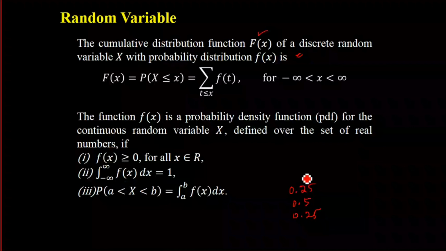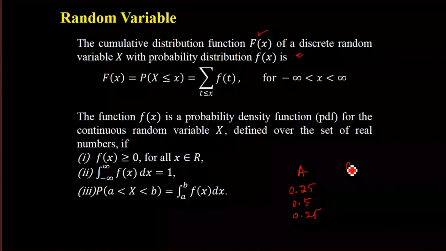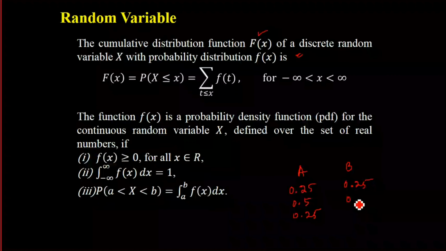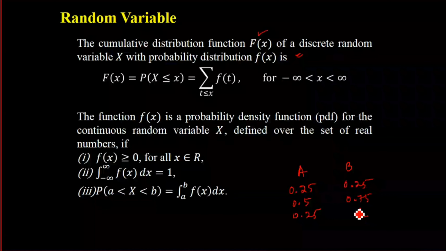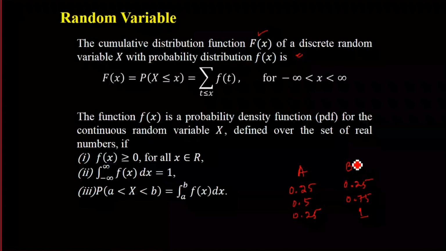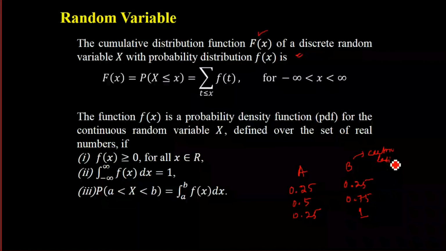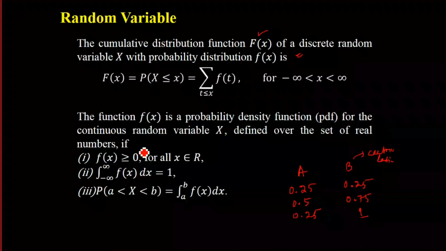The cumulative will be: first 0.25, second these two added, so 0.75, then third these added, so it will be 1. This is what is called cumulative, and the previous one we had is the mass function.